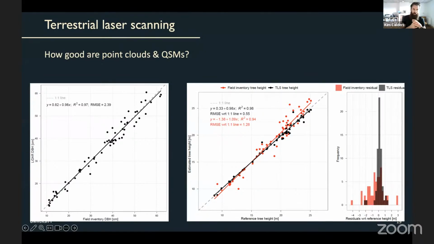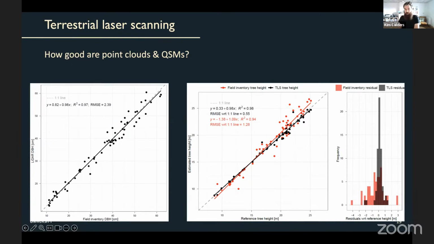But with the LiDAR, we actually see quite a nice match, sticking quite closely to the 1-to-1 line, which is a dashed line. So we definitely see also on the right that the residuals for measuring tree height with LiDAR are way smaller and more centered around the 0 residual than when we do this traditionally in the field.